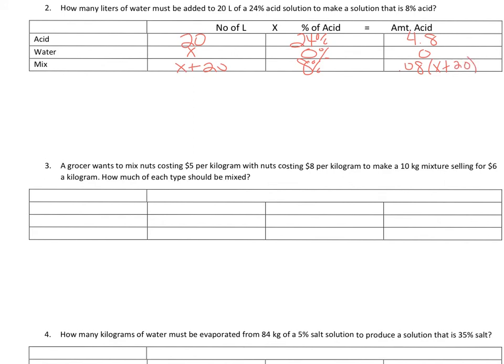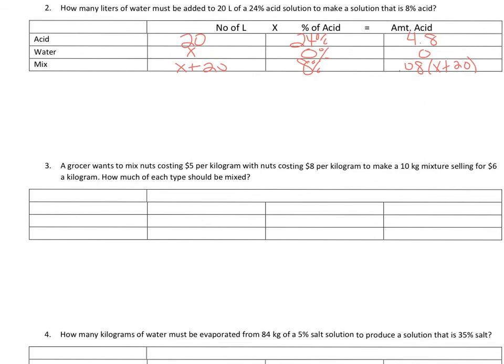Okay, I told you on the last problem, for most of these, you're going to add the top two together, set them equal to the third one. I wouldn't do that automatically. Make sure it makes sense why we're doing that. But for the most part, that's what we're going to be doing. So it kind of gives you a place to start. But let's make sure this makes sense. This is how much acid's in my acid solution. This is how much acid is in my water solution.